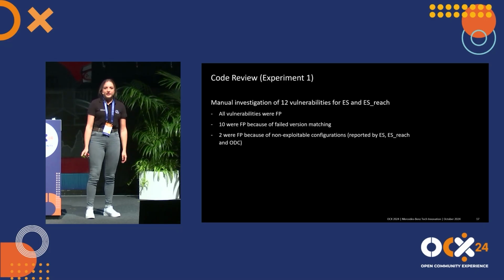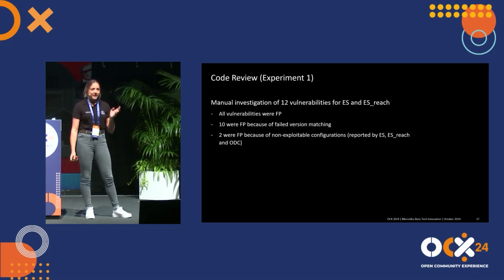We also did a quick code review, or quick is good to say, because code reviews take very much effort. We did a manual investigation of the Eclipse Steady vulnerabilities and the Eclipse Steady reachability analysis.